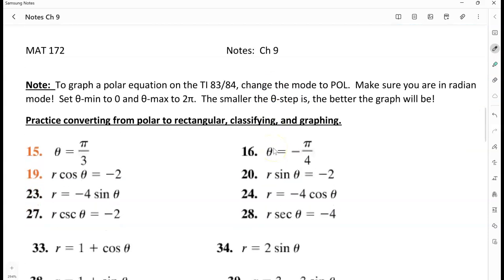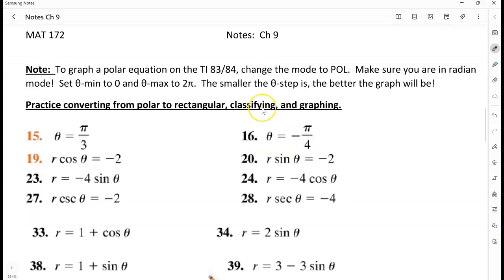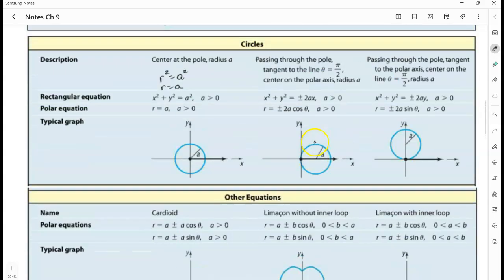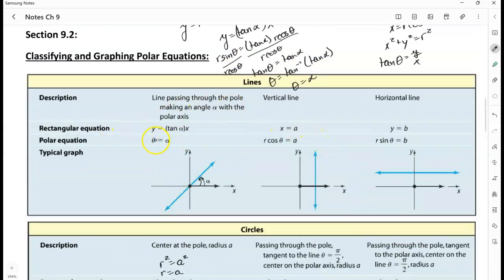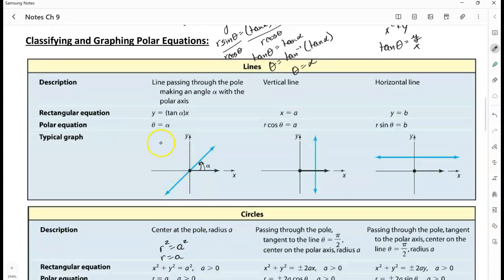So let's look at just a few. Let's look at number 15. In number 15, we have theta equals pi over 3. If we compare with our little cheat sheet up here, we know that's going to be the equation of a line.